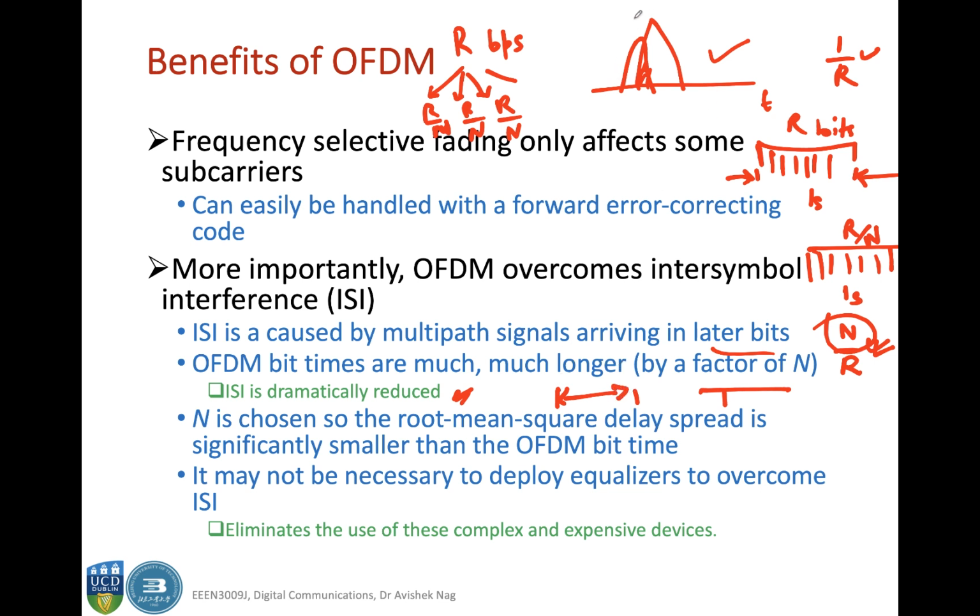This phenomenon has a lower chance to happen because these bits are further apart compared to if they were very close. So this n is chosen so that the root mean square delay spread is significantly smaller than the OFDM bit time. If you look into a multipath channel, you will see that there are multiple random delays.